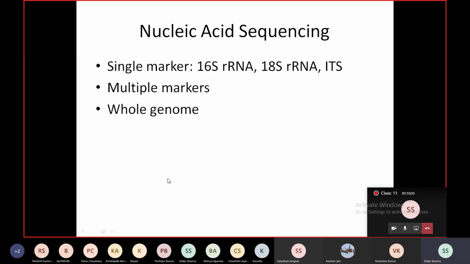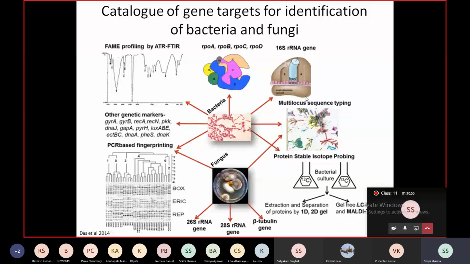And then I said कि sequencing जब आप करते हो तो of course पूरा का पूरा genome तो तुम sequence कर ही सकते हो, लेकिन logistic reasons से even this resolution can be obtained with some of the shorter sequences, shorter genes. What is advised is to not go for just one gene but to go for multiple genes which will give you robustness.